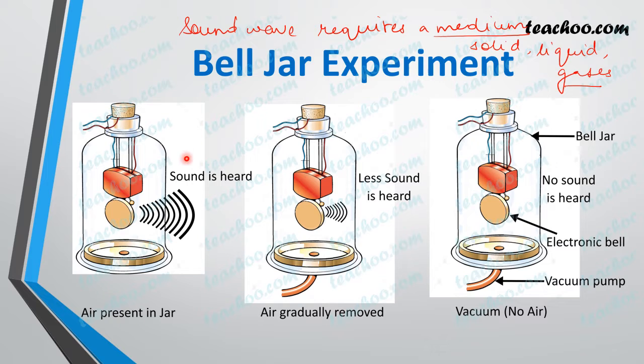For that we had explained an experiment which was done in class 8. Check out this first jar wherein a bell is attached to it and there is air present in the jar. We could easily hear the sound of the bell. But in the second jar, gradually through a particular pipe, the air was removed, so less sound was heard. And in the third jar, totally the air was removed from the bell jar.